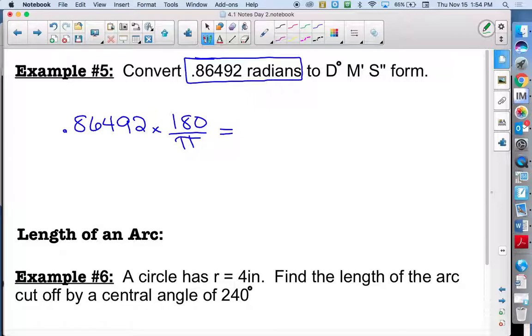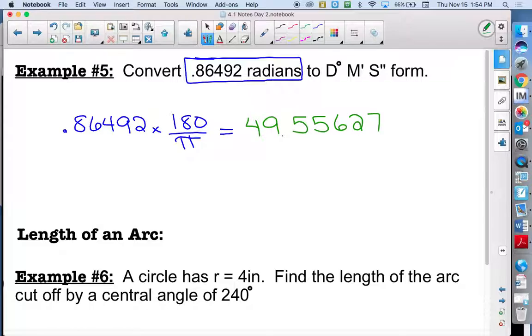Because this is a radian value, we need to convert it to a degree value by multiplying it with 180 divided by pi. Brandon, you know how your calculator works. What did you get there? Give me 2 more because they have 5 decimals up here. 55627.